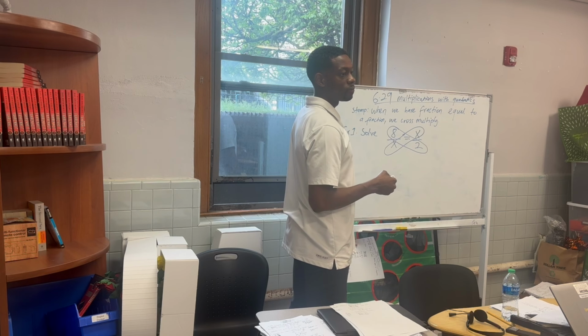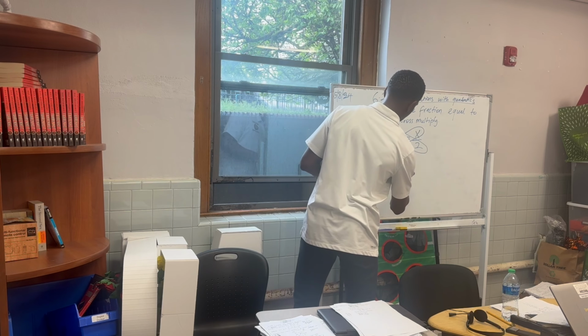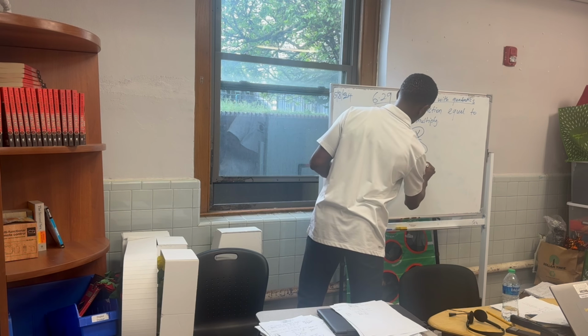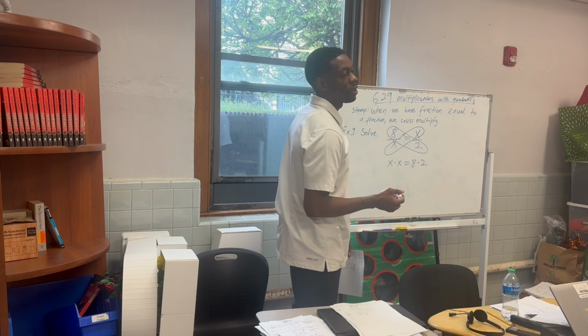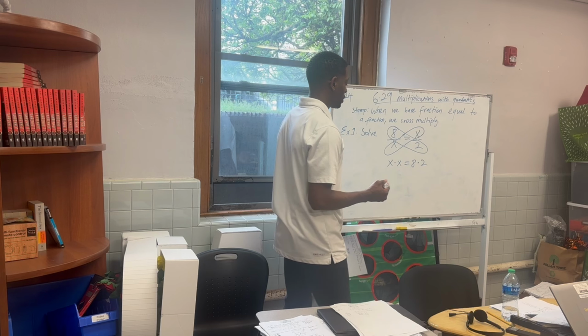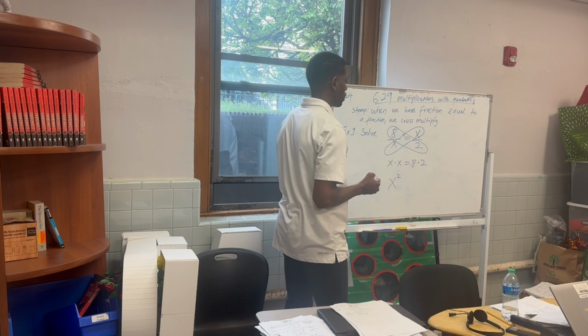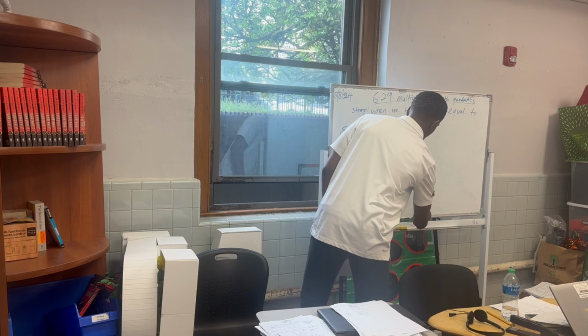This is literally saying x times x equal 8 times 2. And we do know that x times x is x squared, equal 8 times 2 is 16, right?